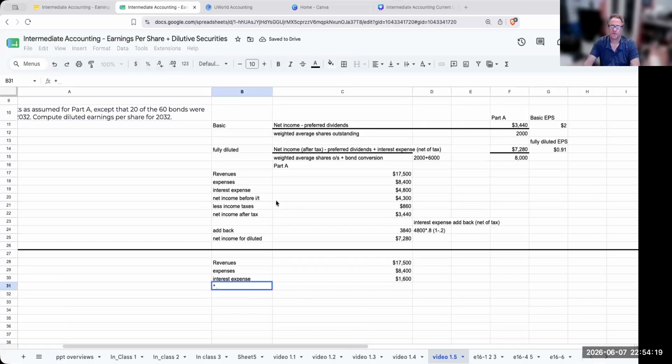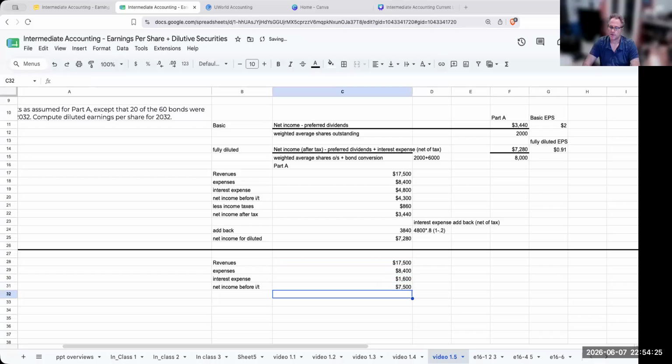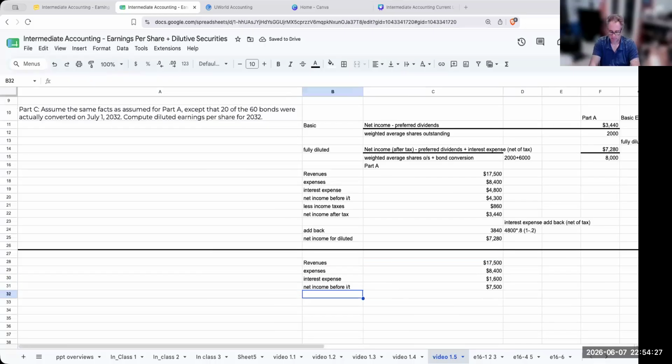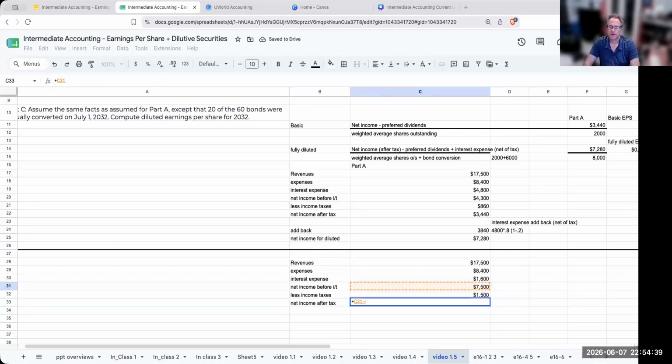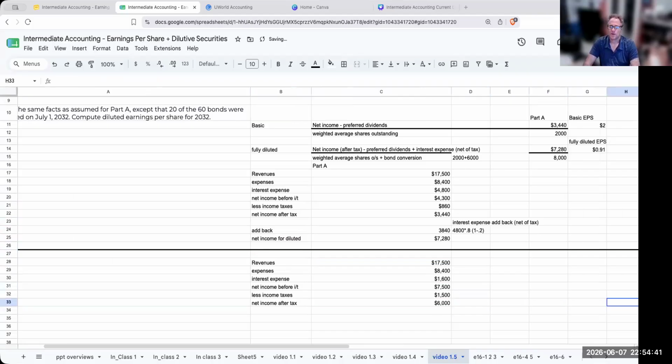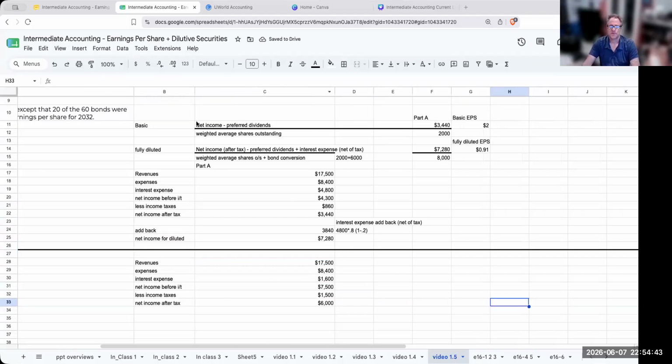So my net income before income tax is going to be 17,500 minus 8,400 minus 1,600, or 7,500, less my income taxes at 20%, gives me net income after tax over here of 6,000.